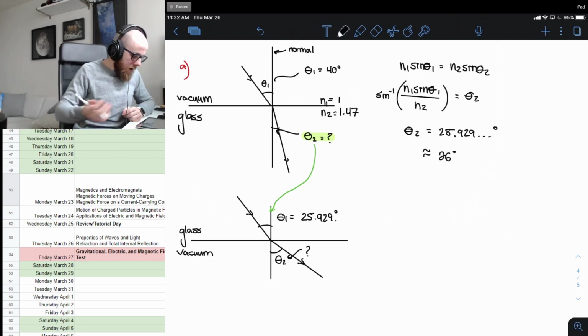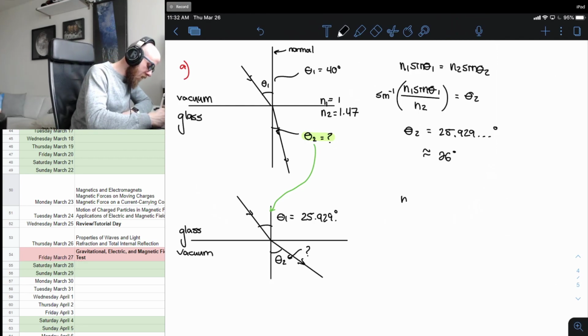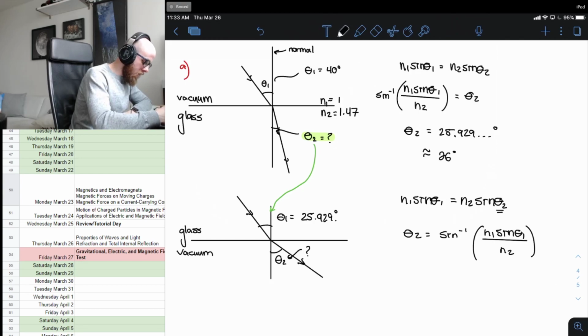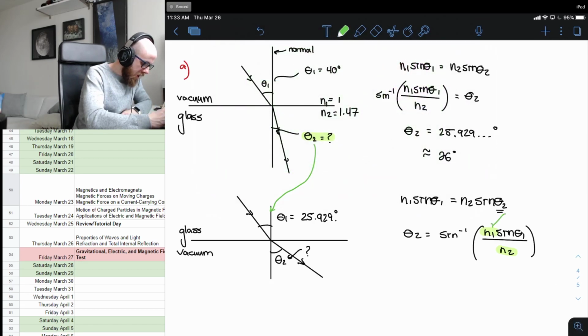Okay, so same idea, same setup. N1 sine theta 1 equals N2 sine theta 2. But now I'm rearranging for theta 2, so theta 2 equals sine inverse of N1 sine theta 1 over N2. But now my N1 and my N2 are switched. N1 is the index of refraction of glass, so that's 1.47.